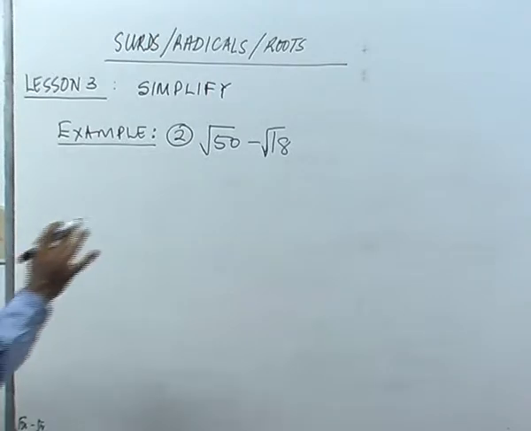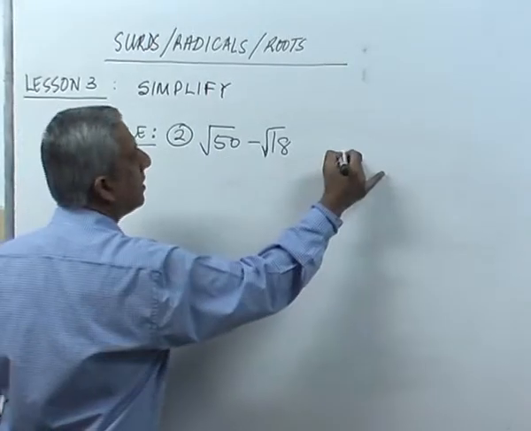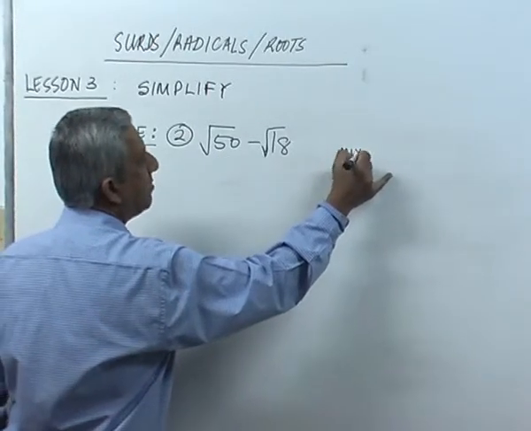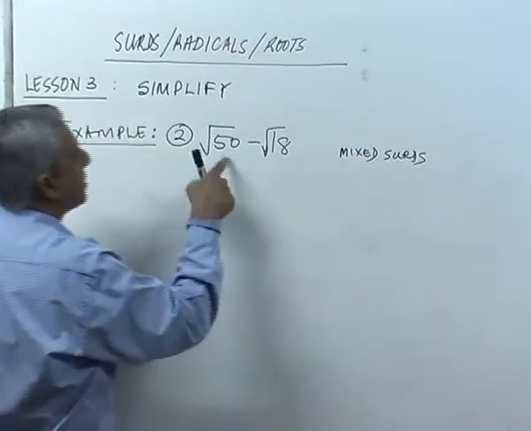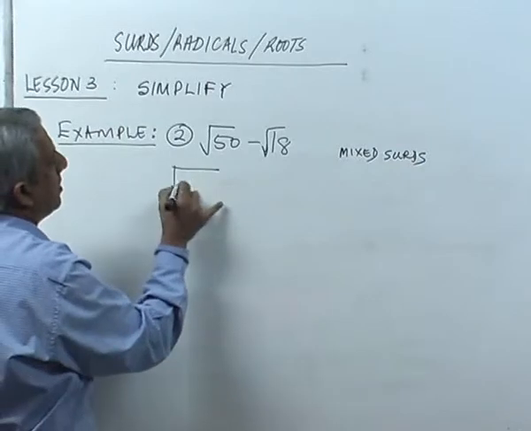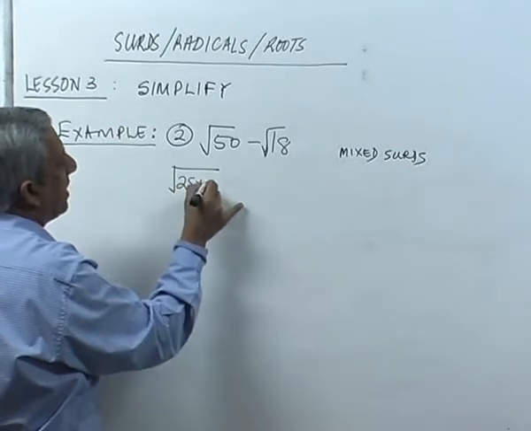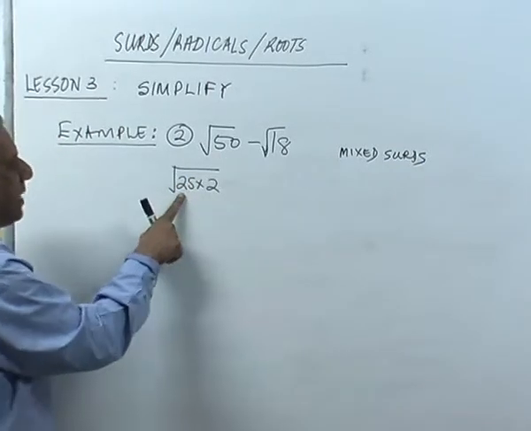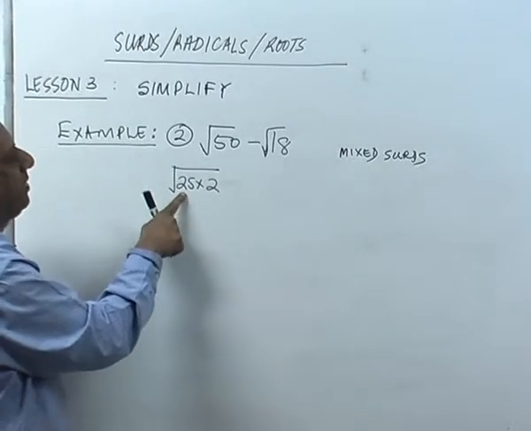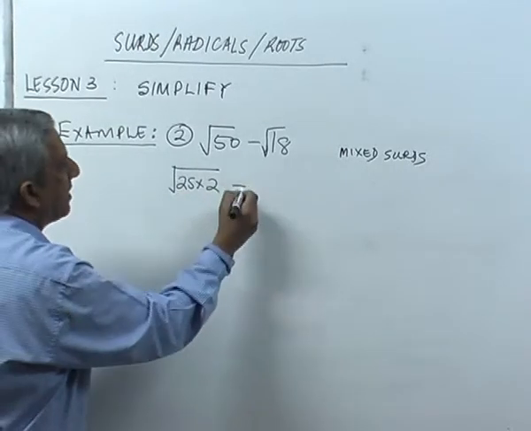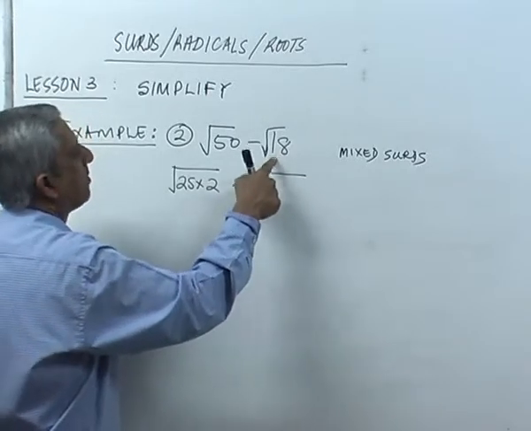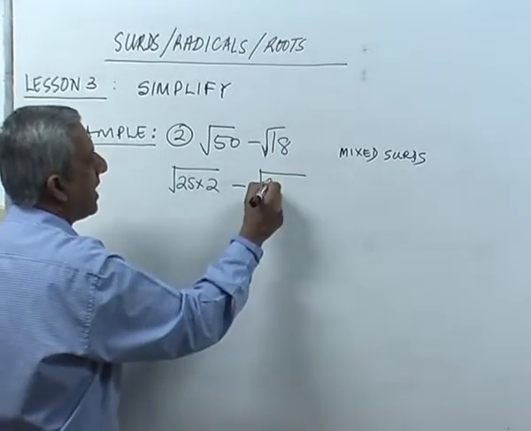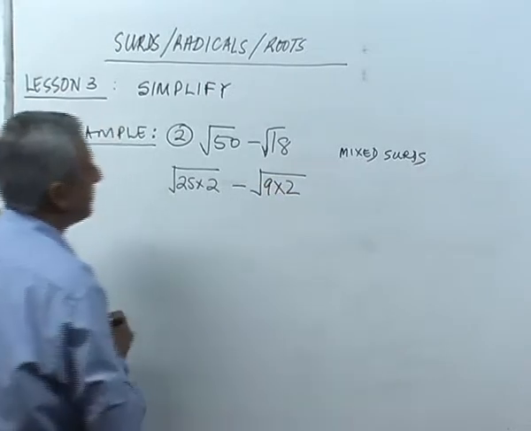Once again, when you look at the example, you realize that you can write this as mixed surds. So this becomes 25 times 2. Square root of 50, you break it up into a perfect square and another factor, minus. Break up the 18 into biggest possible perfect square, which is 9 times 2.